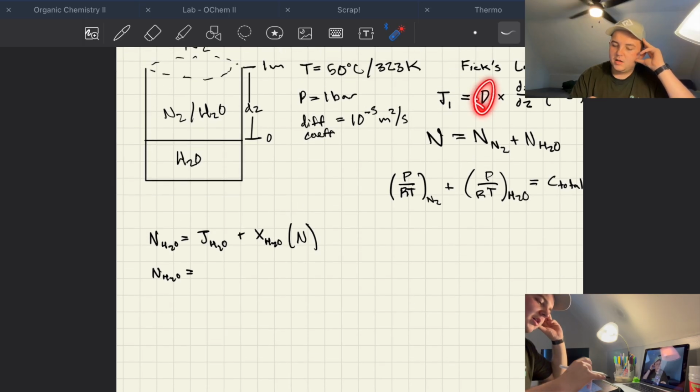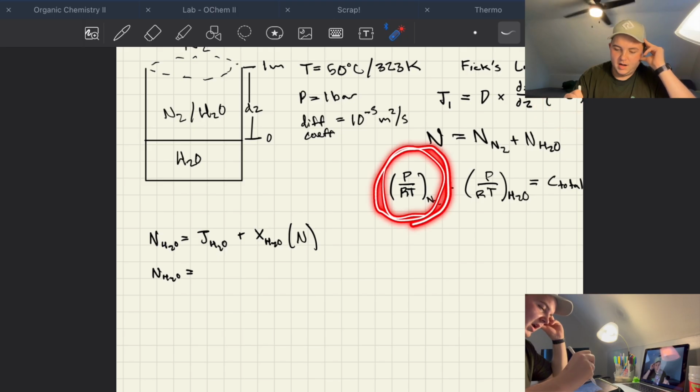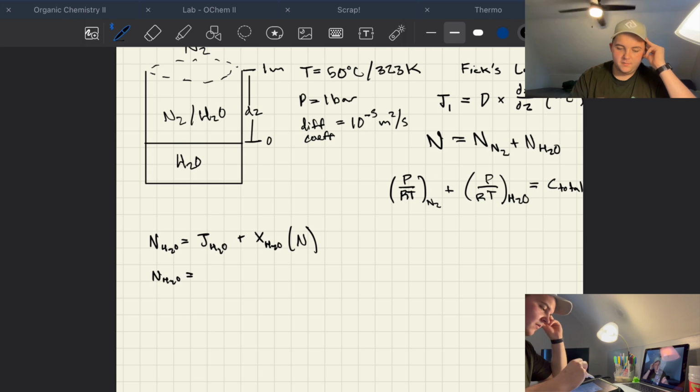I'm just going to plug in D, and then we'll have our negative C, but I'm going to be using these PV equals nRT terms, and then we'll multiply by our gradient. We'll rearrange this equation and do D times C times the gradient.